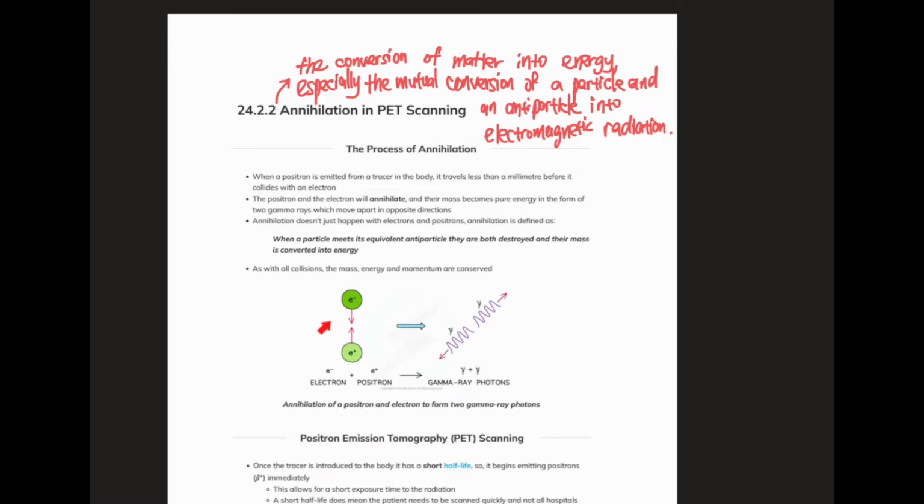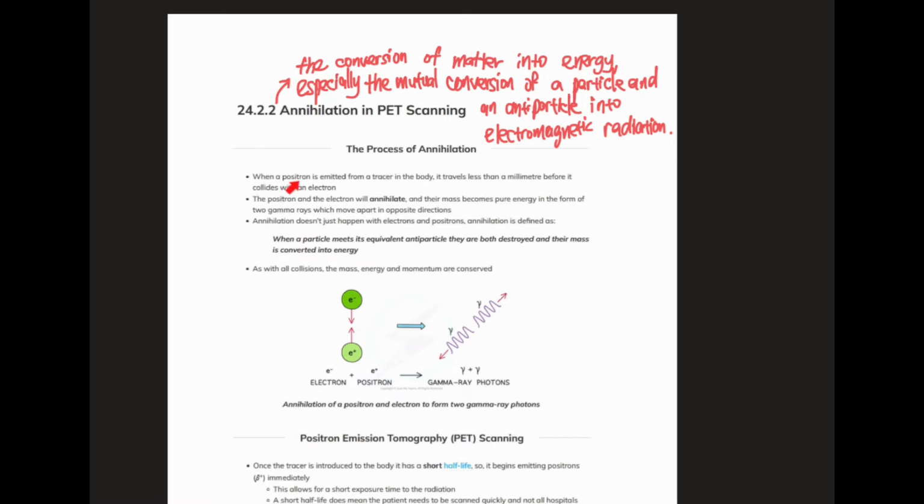You can see the picture here. The electron and the positron, the particle and the antiparticle, collide and then become gamma rays. This is the process which is known as annihilation.